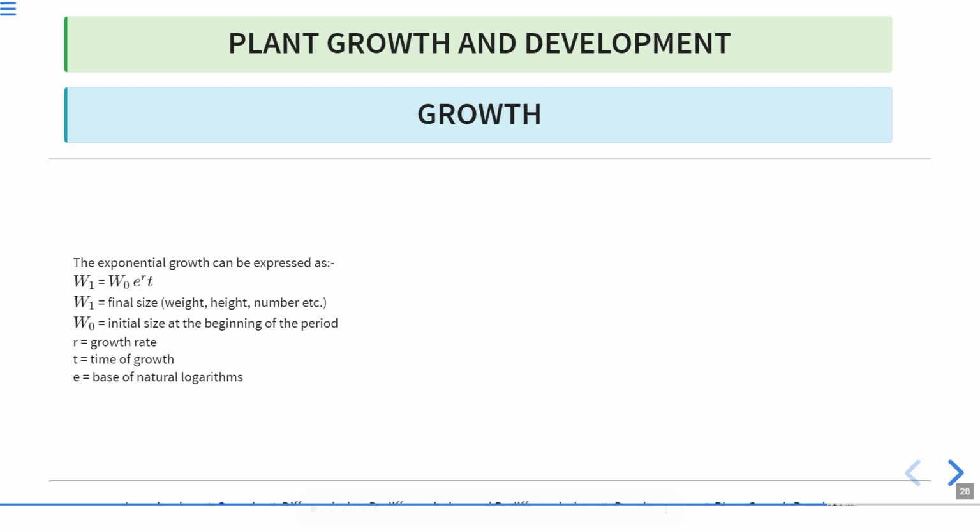And W0 is the initial size at the beginning of the period. Whether you have taken the size, weight, height or number, you have taken that at the initial stage as well. And r is the growth rate, t is the time of the growth, and e is the base of the natural log. So if you put all these values in this equation, then you can get the final size. Okay, what will be the final size? That you can get from here.